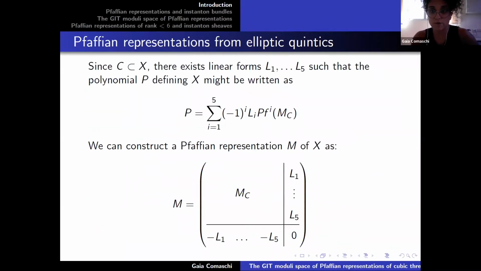But if the curve is contained in the cubic, then we can find linear forms such that we can write the polynomial defining the cubic in the following form. And then it is enough to correlate the matrix associated to the curve in order to obtain a Pfaffian representation of the cubic X.